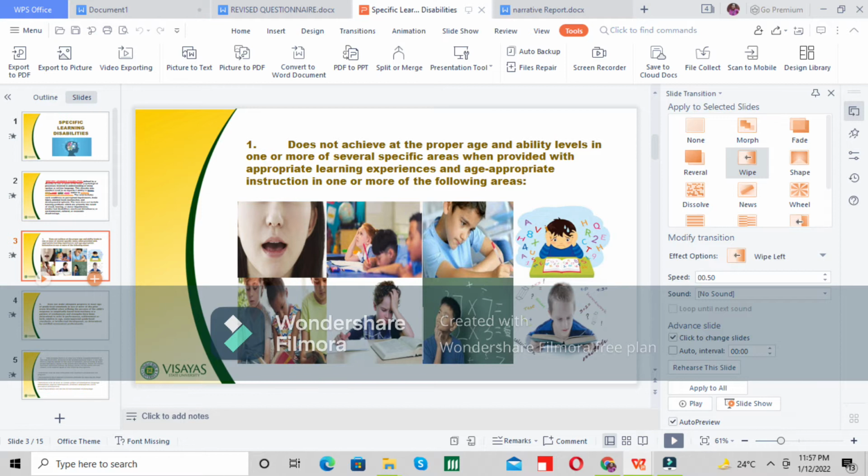Then the next is listening comprehension skills, where a child cannot control how quickly speakers talk and cannot repeat the words, or it can just cause critical difficulties.